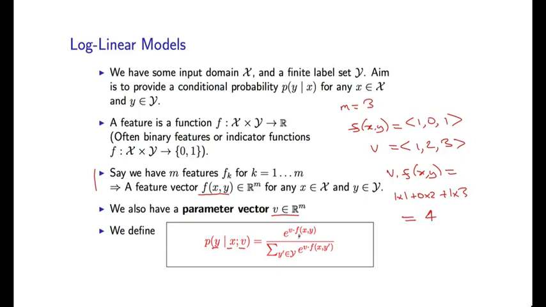And we can compute this inner product for every possible label in conjunction with x. So this conditional probability, as we described last week in the lectures on log linear models, is defined as e to the power v dot f divided by a normalization term, which involves the sum over all possible labels y' of e to the v dot f with that particular label.